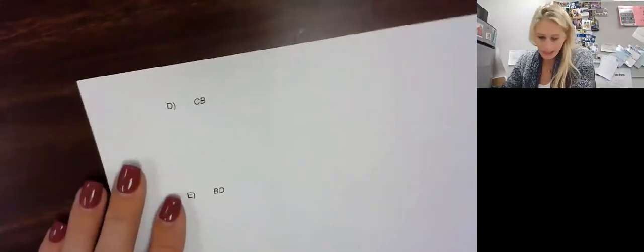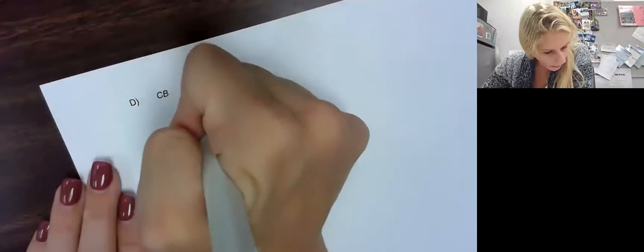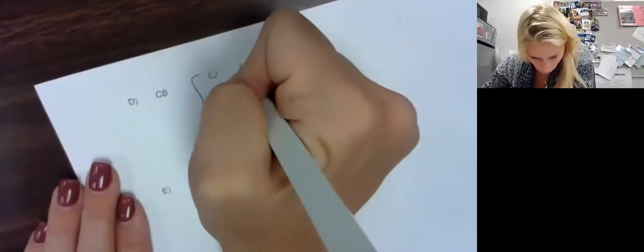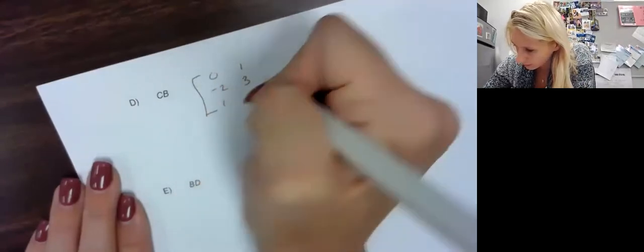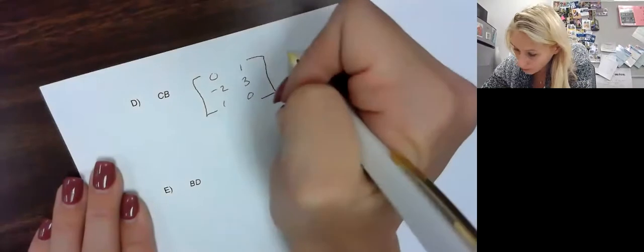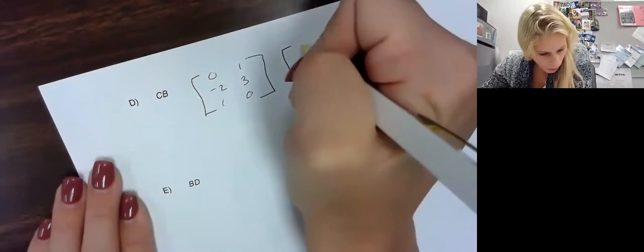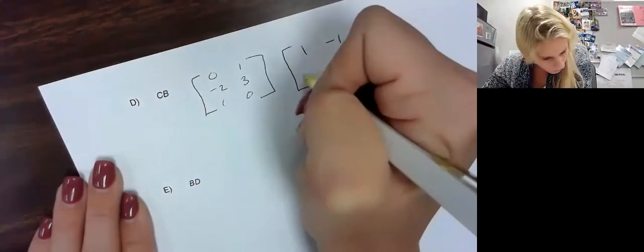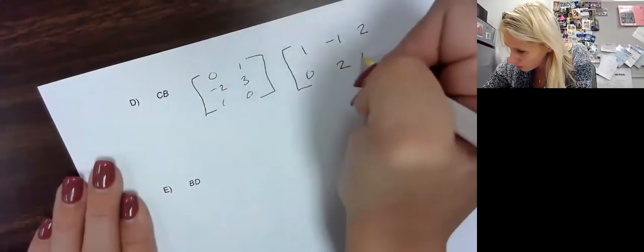Okay. Oh, I'm going to need my matrices on the side, right? So C is 0, 1, negative 2, 3, 1, and 0. And then we're going to multiply by B. So 1, negative 1, 2, 0, 2, and 1.